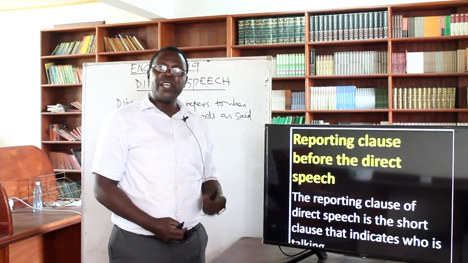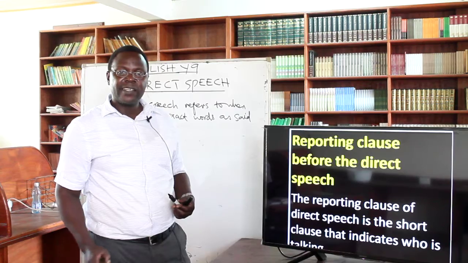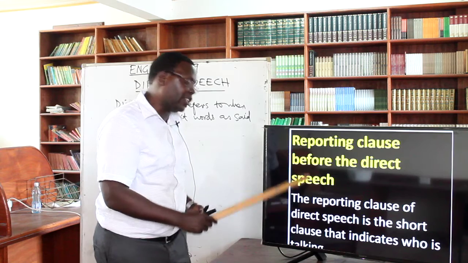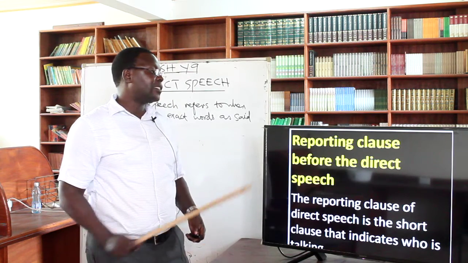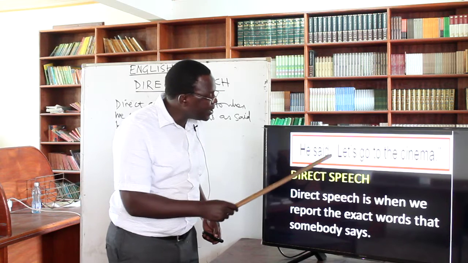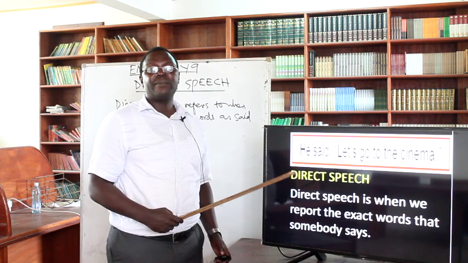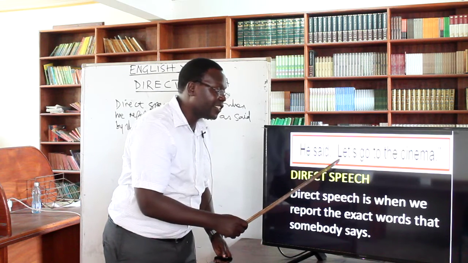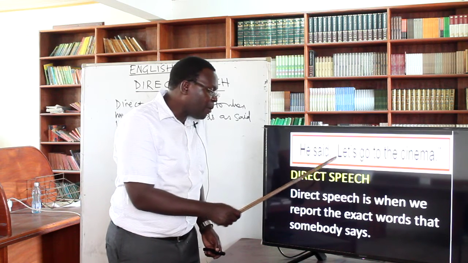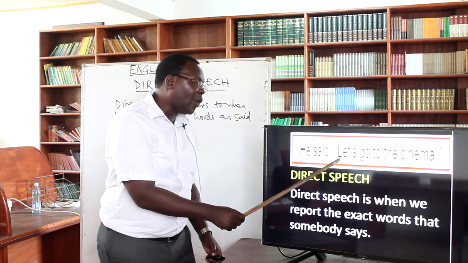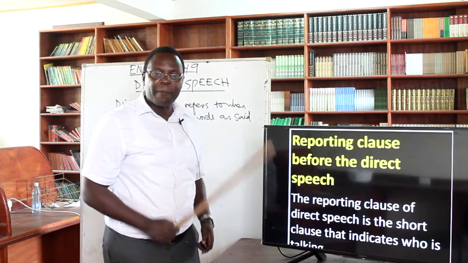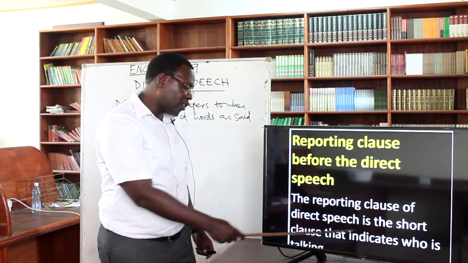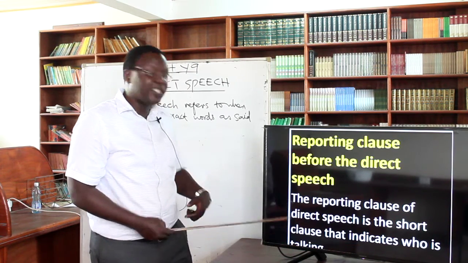When we report, we have what we call the reporting clause. The reporting clause coming before the direct speech. This is the reporting clause, he said. The reporting clause of the direct speech is the short clause that indicates who is talking.